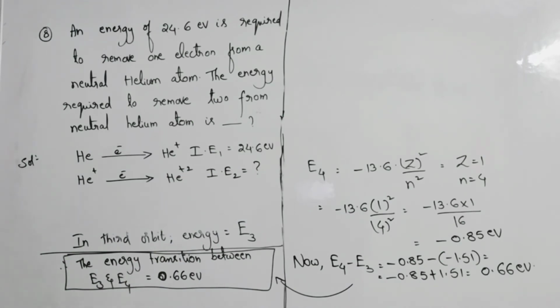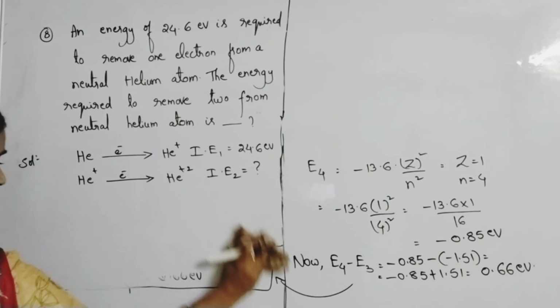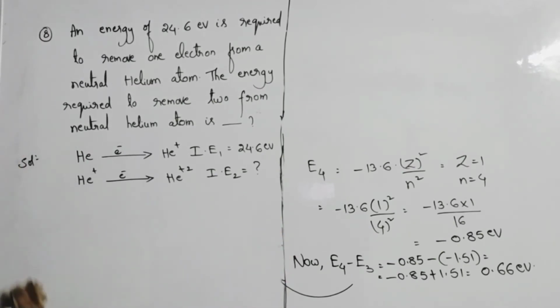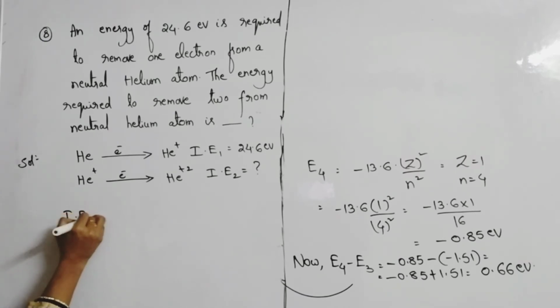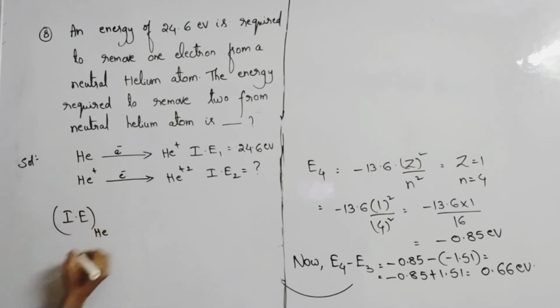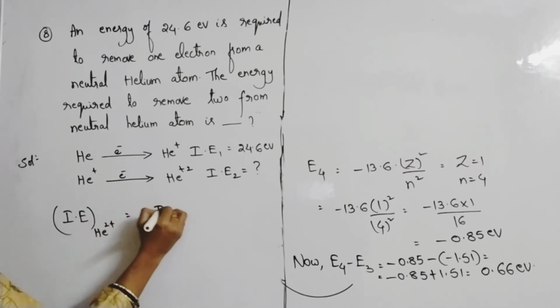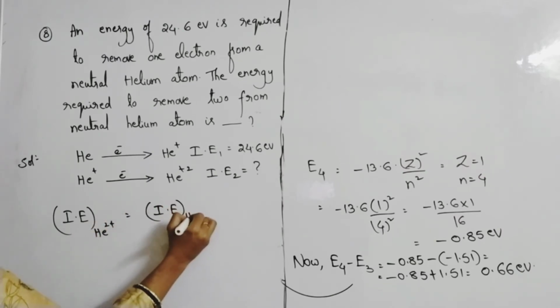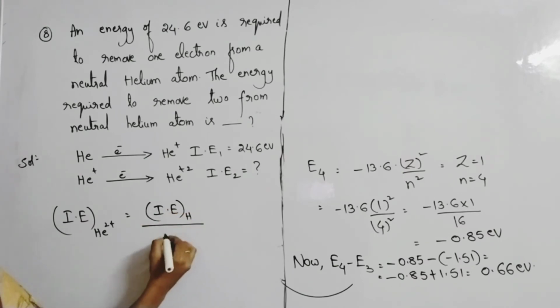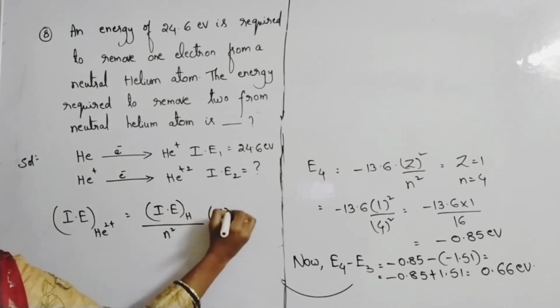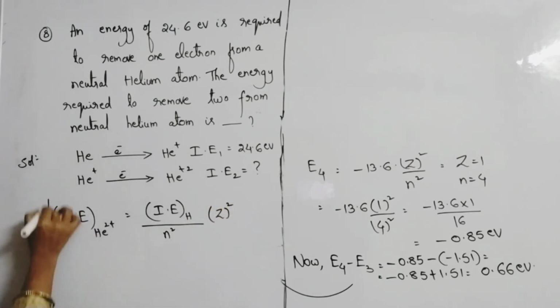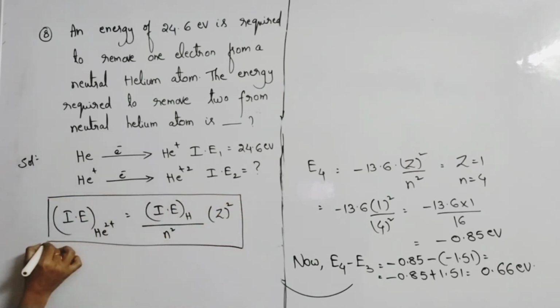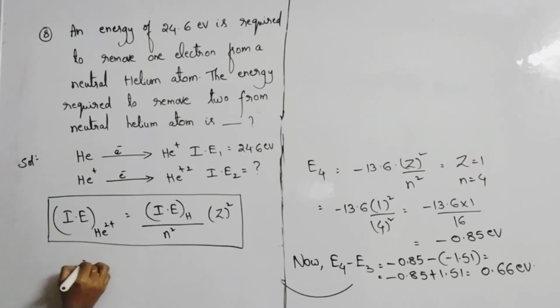So the ionization energy formula you will write for H like species. Ionization energy of He2 plus ion is given by the formula: ionization energy of hydrogen by n square into Z square. The same formula which we have done previously also. So here it is equal to what?